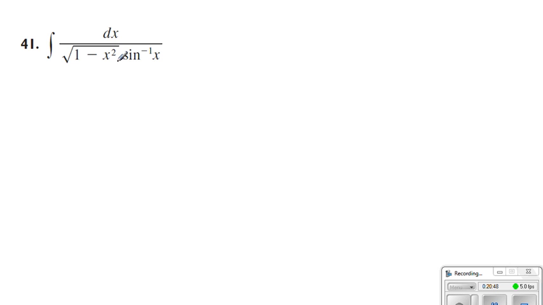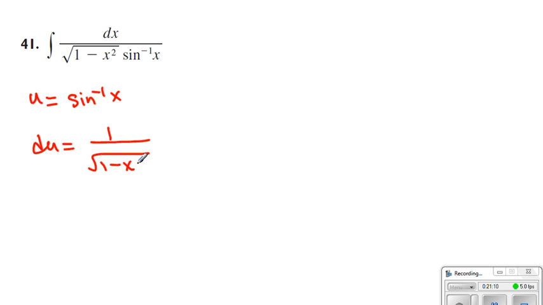Now, in this case, if you set this one inside of the radical as u, then you have no place to find du. But on the other hand, if you set u as arc sine of x, then we end up getting du is equal to 1 over square root of 1 minus x squared dx. And we see that resembling that over here as part of the u.